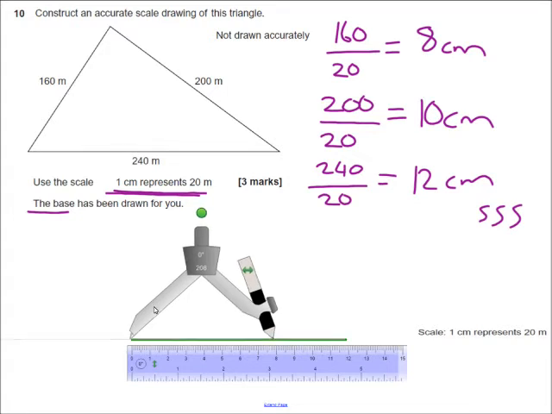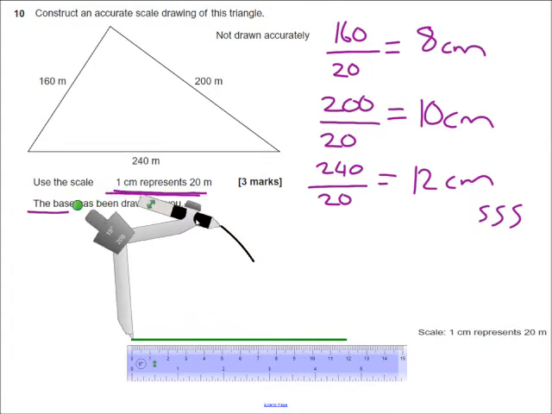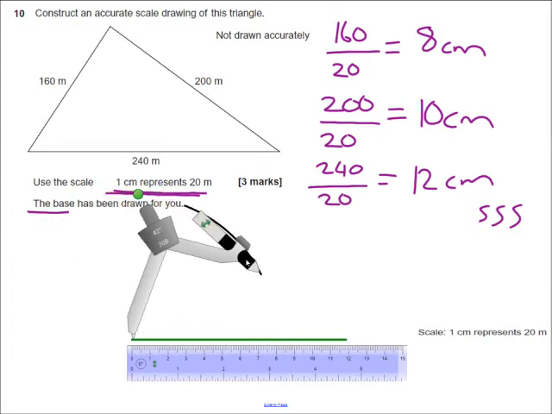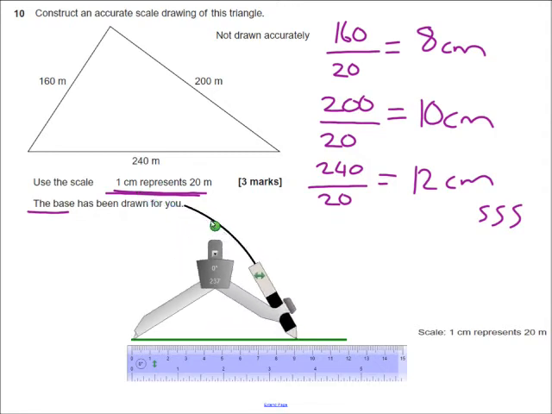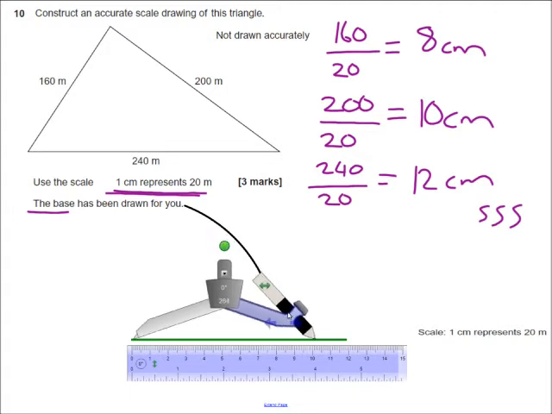You place your compass at the end of the baseline and draw your swoosh ready for the crosscut. You then need to change the length of your compass to your second side, which is 200 meters or 10 centimeters on our scale.